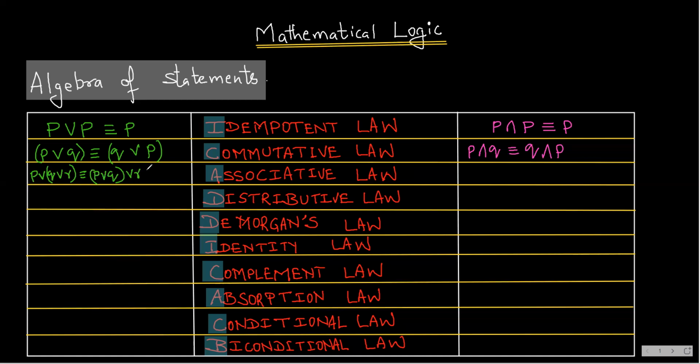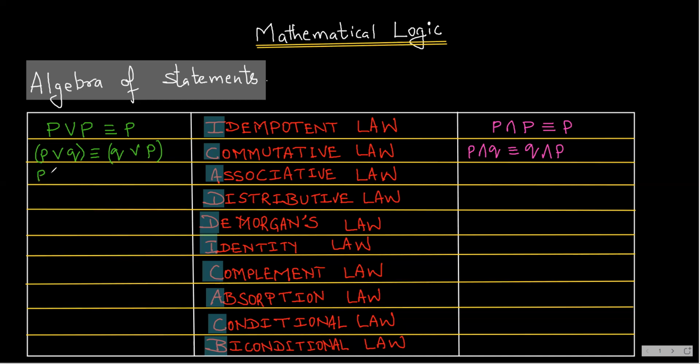They will both be same. That is, the combination of association does not matter. It makes no difference. The combination of association will not affect the end result.